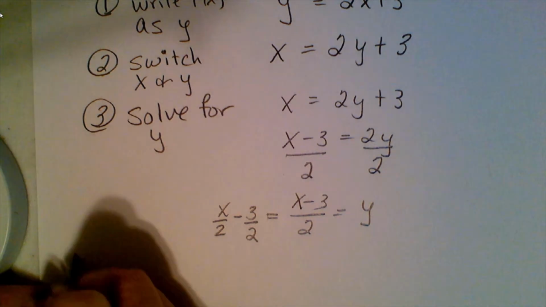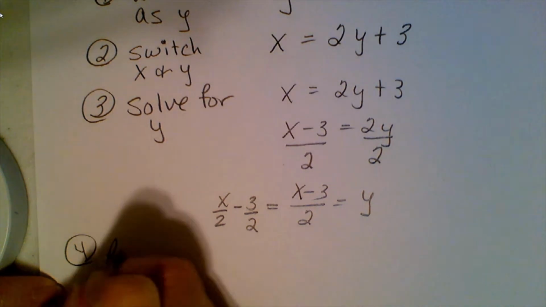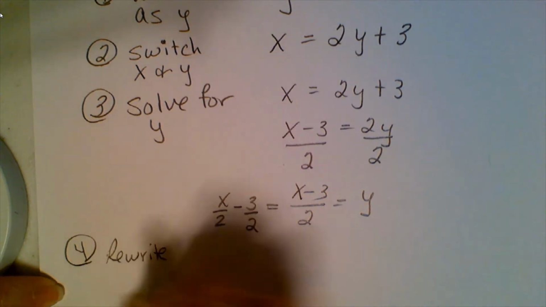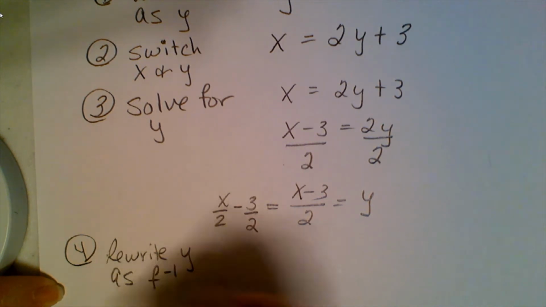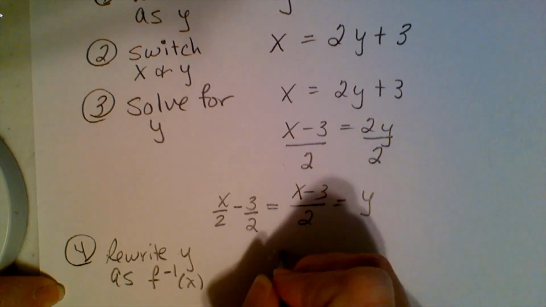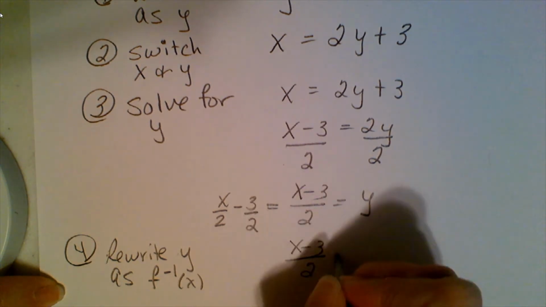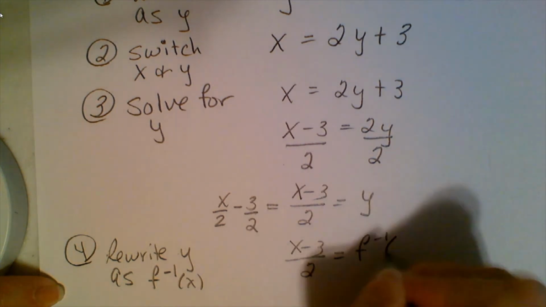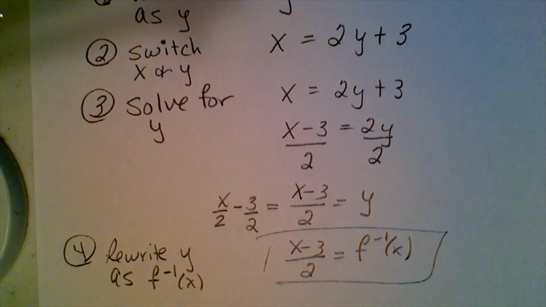And then the fourth step is to rewrite y as f inverse of x. So I'm going to keep with this fraction here, the big one instead of the little ones. And this is the inverse. Okay. How do I know I have the inverse?